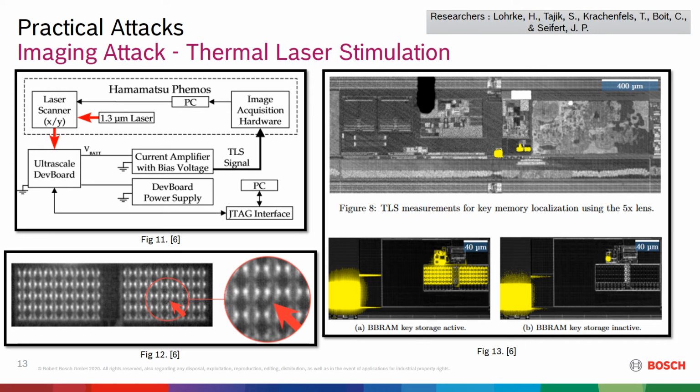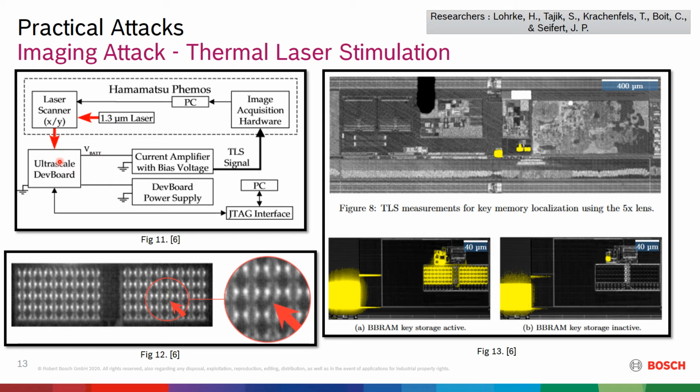A practical example of an imaging attack is a thermal laser stimulation attack. The researchers used this attack to reveal the key from the battery-backed RAM of a Xilinx UltraScale board. They used a laser scanner to scan the board.